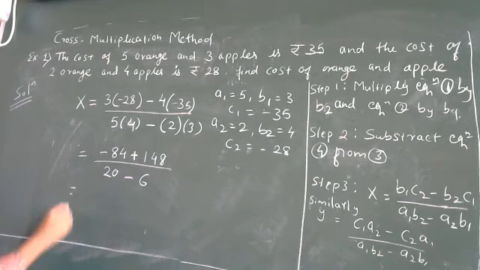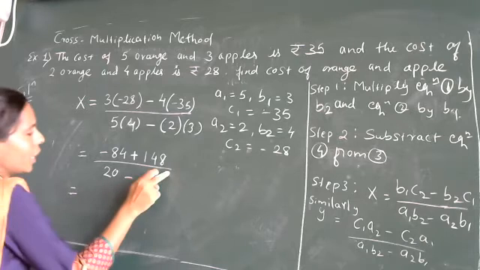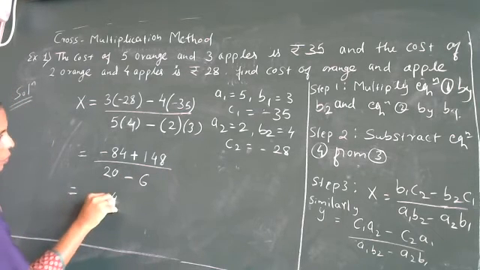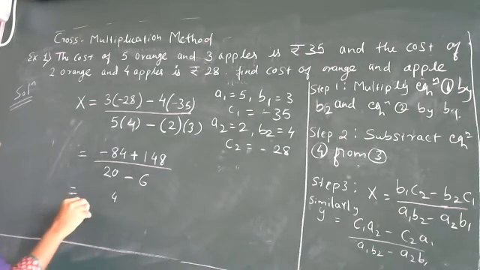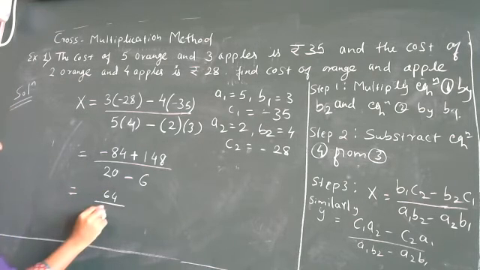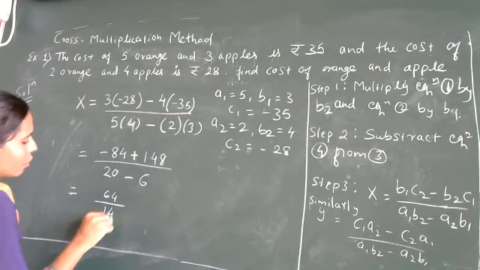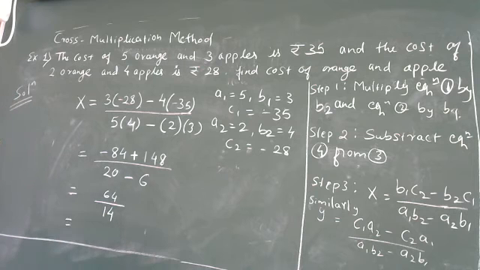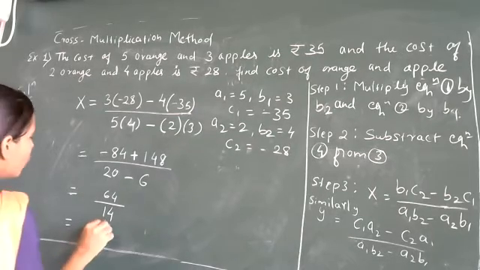Make a subtraction, what will you get? 148 minus 84. 64 it is, right? Divide by 14. So what will be the answer? 14 for the 60.